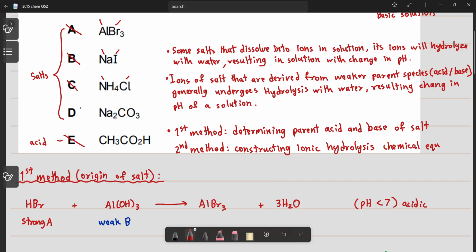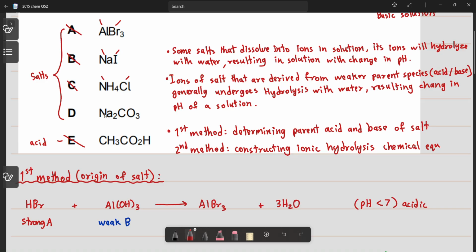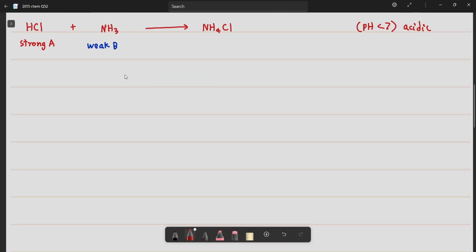So now option D is sodium carbonate. Now we have to predict its parent acid and base.